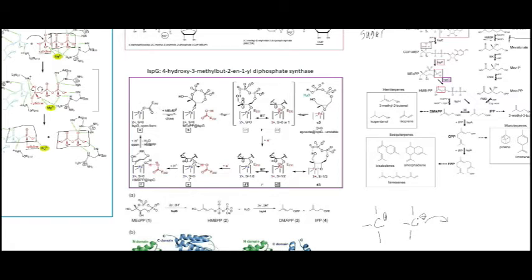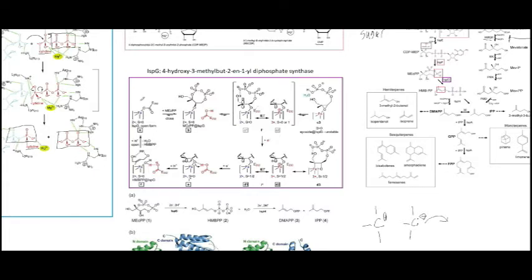And then when our MECPP, our cyclic Me pyrophosphate, comes in, this oxygen displaces the glutamate and coordinates with the iron in this ferredoxin here. And then we see that this can form this species here.